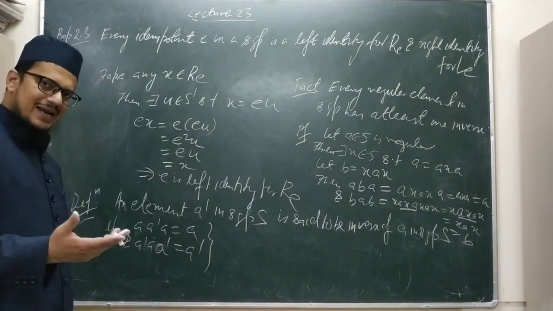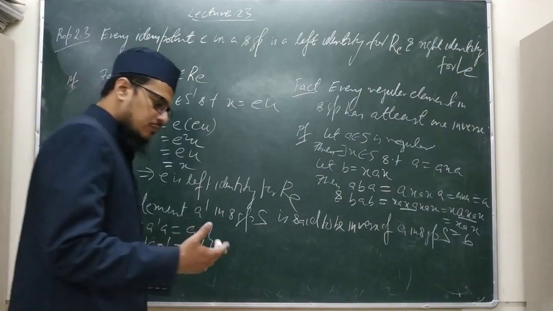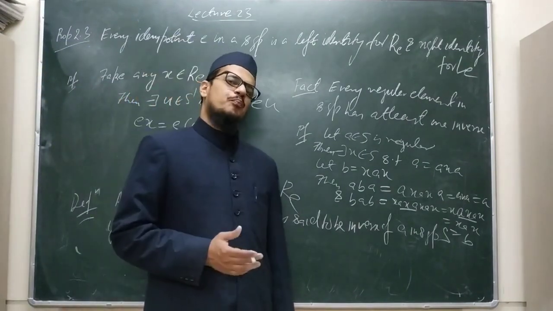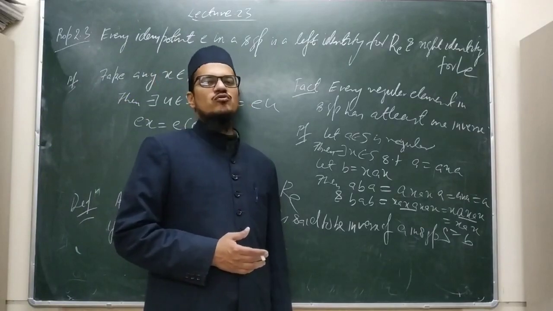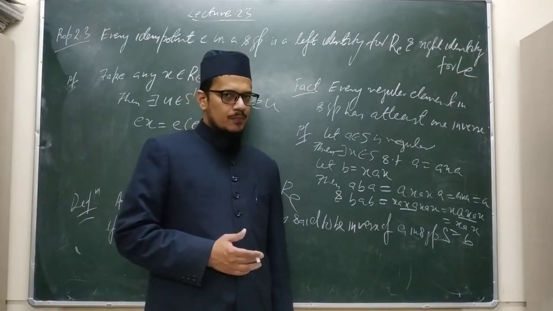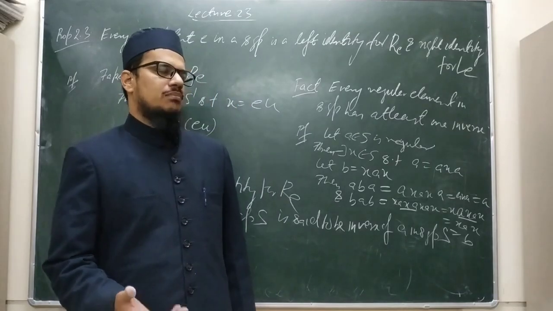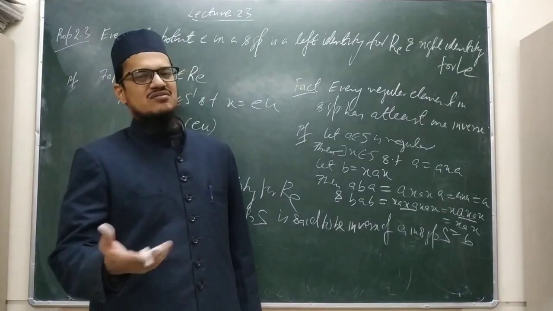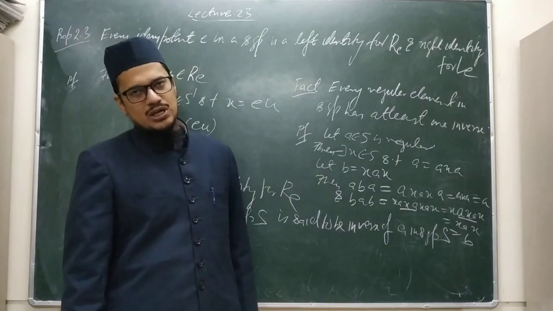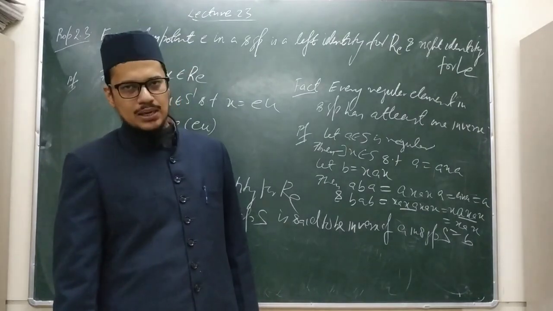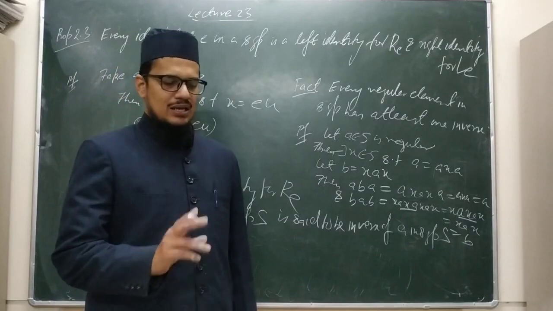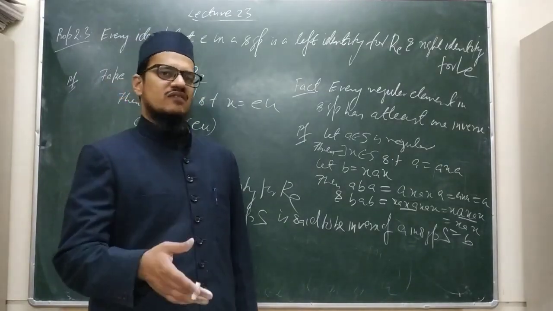It may be possible that it has more than one inverse. It's not like a group. In groups every element has a unique inverse, but in a regular semigroup an element may have more than one inverse. For example, b and c may both be inverses of a. Then a is equal to aba and bab is equal to b, and a is equal to aca and cac is equal to c.